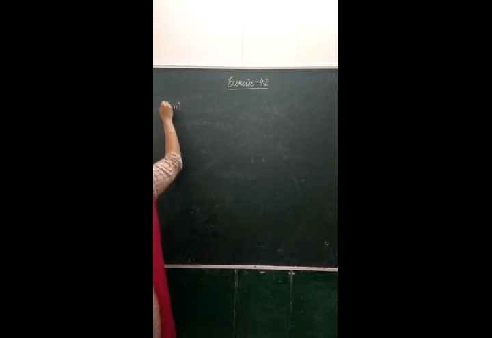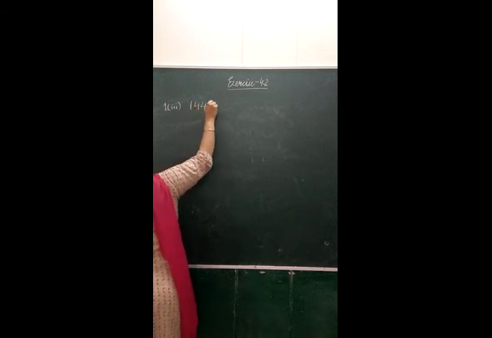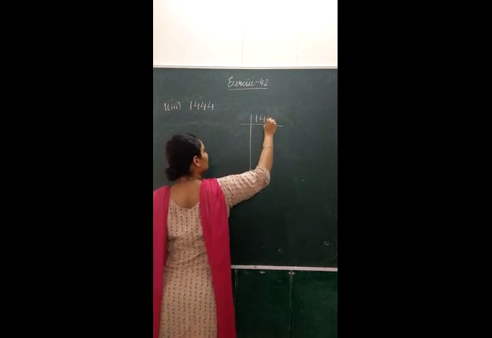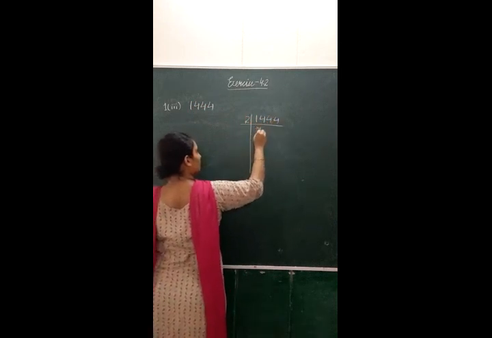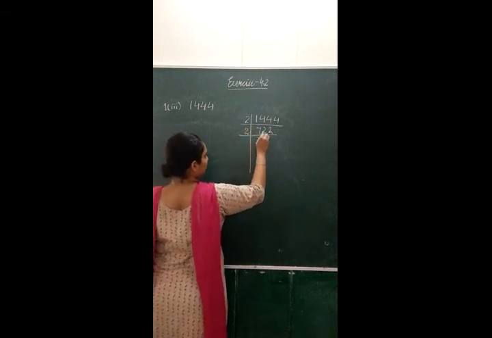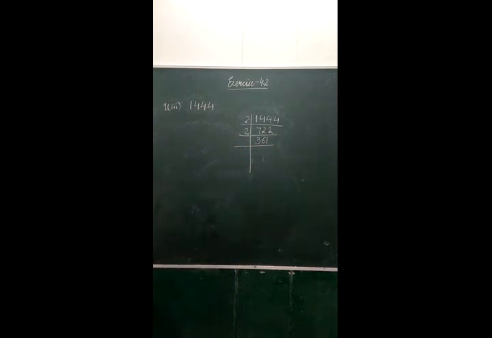Let's take one more example. Suppose I am taking its third part, first question, 1444. Make the prime factors. 2, again 2, 361. Now we have to find out that 361 is divisible by which table.